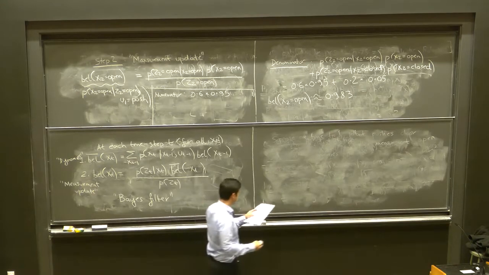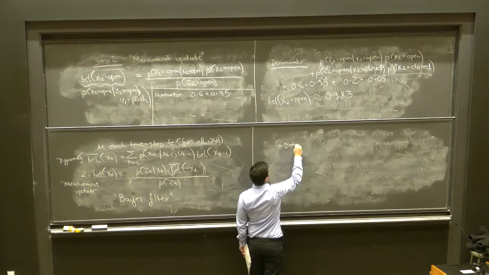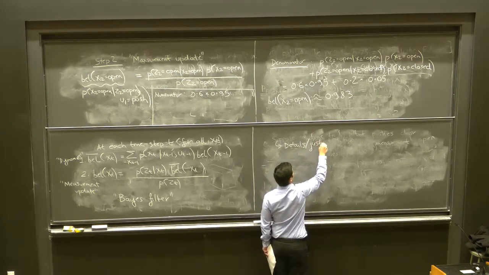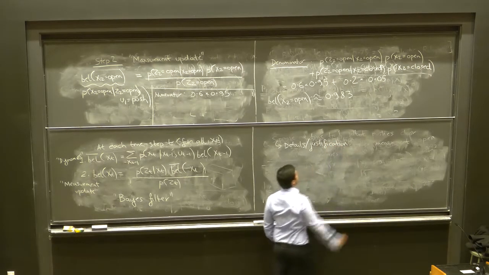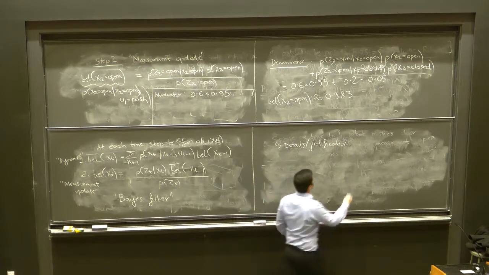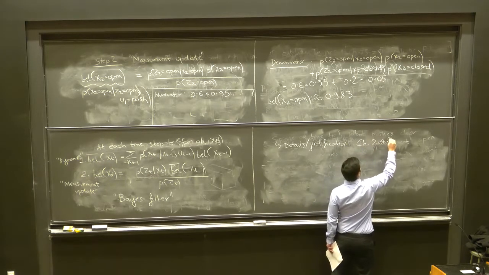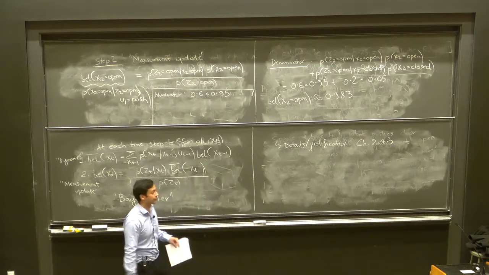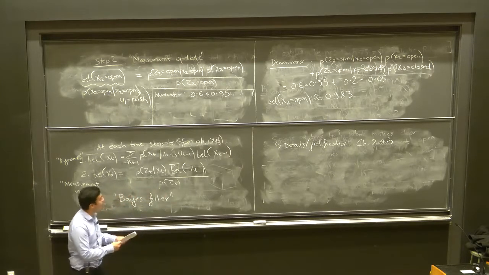But if you want to see more details and justification, this is in chapter 2.4.3 of the Probabilistic Robotics book. It goes through a more careful derivation of the Bayes filter.